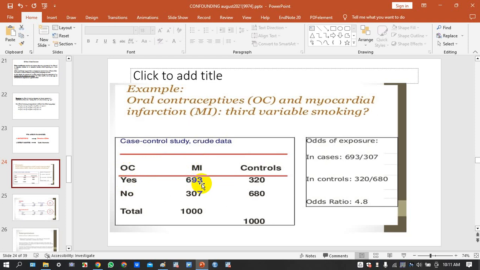So the women with oral contraceptives, 693 of them out of 1,000 had myocardial infarction. So the contraceptives these women are taking now is giving them heart attack. We will find out very soon.